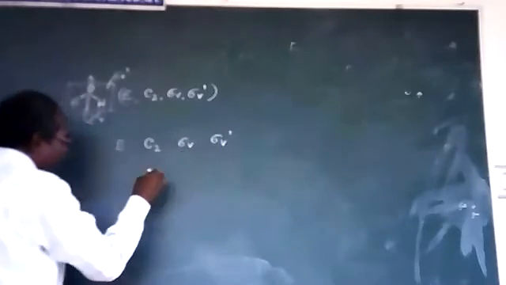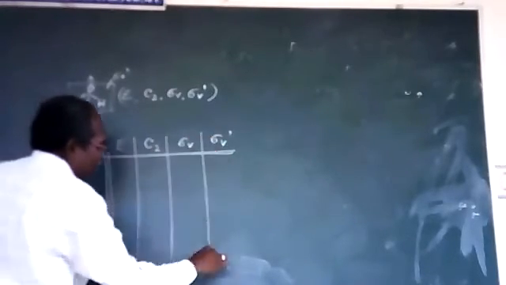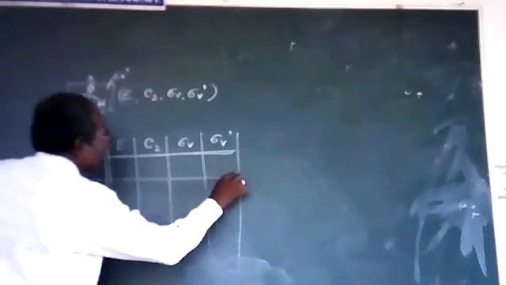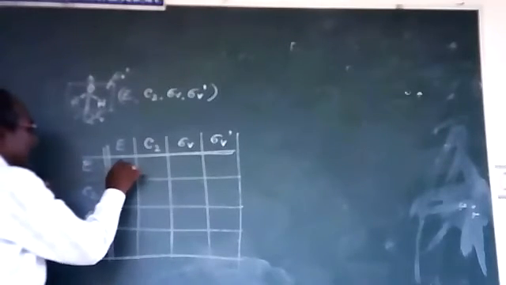So, I am constructing a multiplication table with E, C2, sigma V, sigma V dash. E is the identity element which will commute with all the elements of the group. Therefore, the first row and the first column can be easily filled.